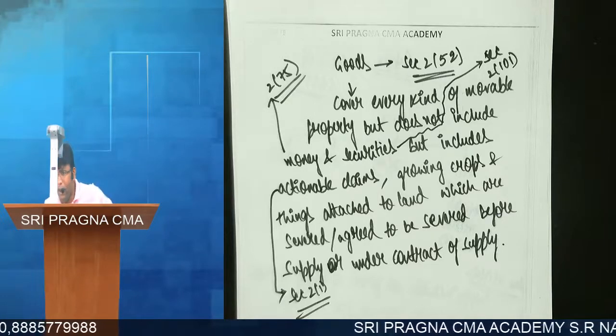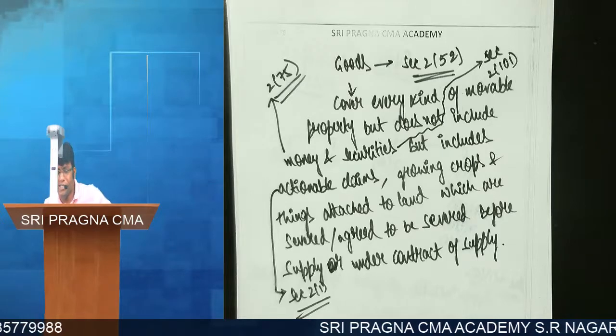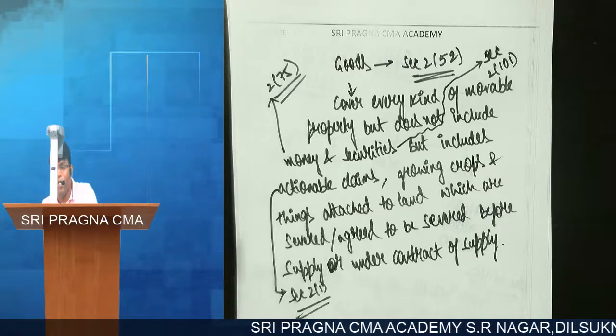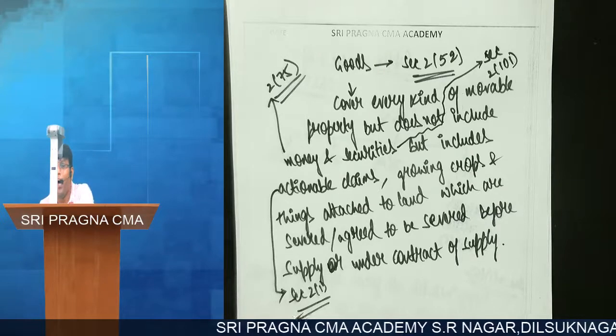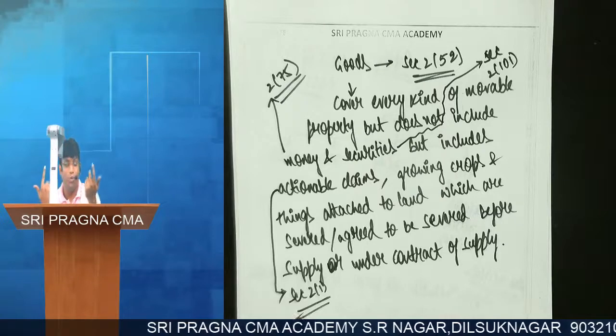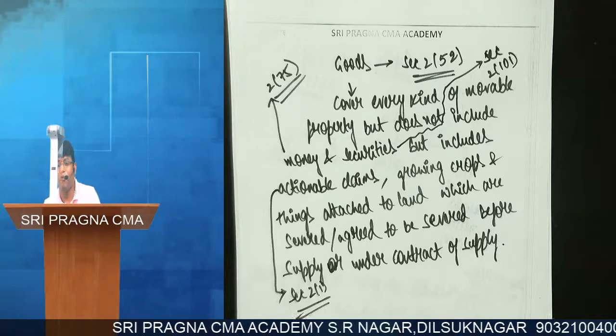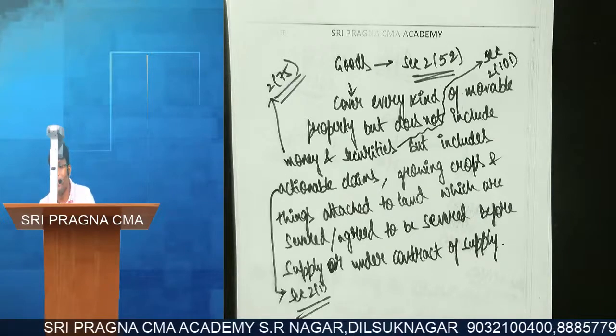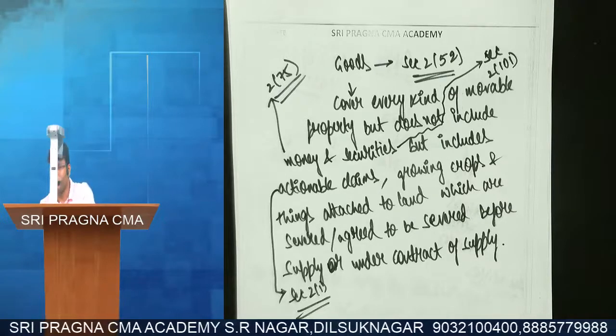Every kind of movable property, but does not include money and securities, but includes actionable claims. Growing crops. What are growing crops? Wonderful. Plants. Growing crops and things attached to land which are severed. Severed means cut, chopped.